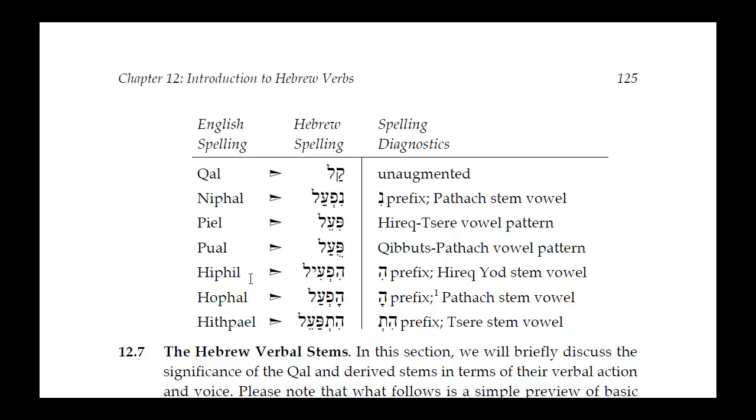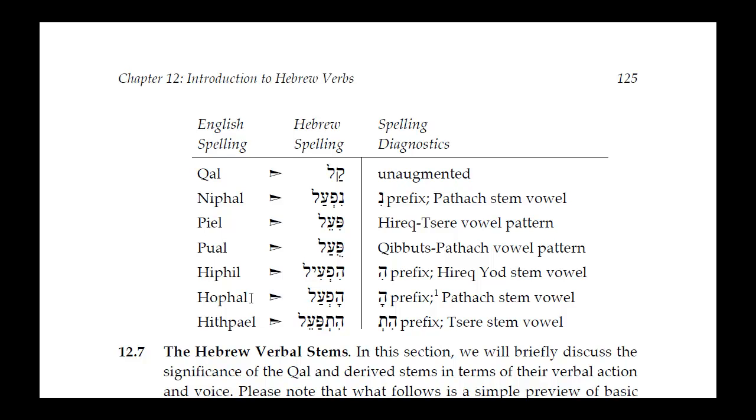We have the Hiphil stem. You have the hey as a prefix with a hireq, and then you have the stem vowel, a hireq yod. That tells you that it is a Hiphil perfect third masculine singular. And this is the Hophal stem.